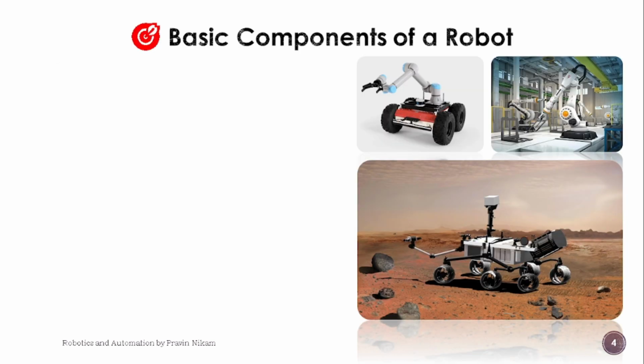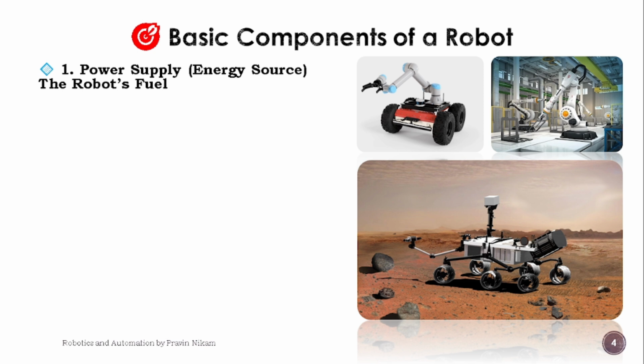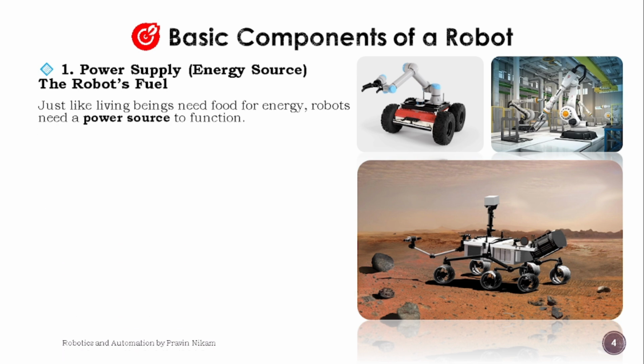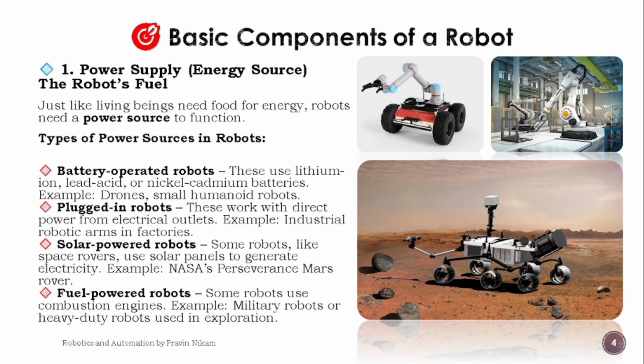Basic components of a robot. First is the power supply, that is the energy source or the robot's fuel. Just like living beings need food for energy, robots need a power source to function. Types of power sources in robots.